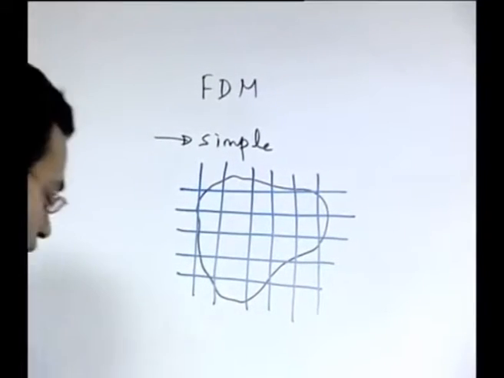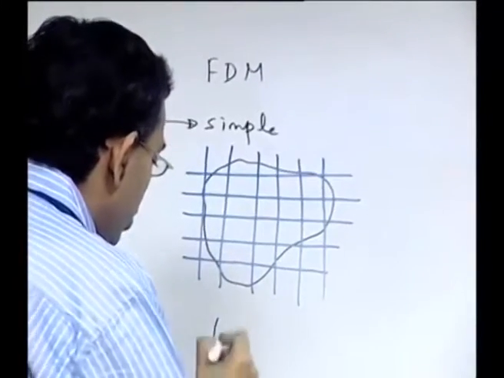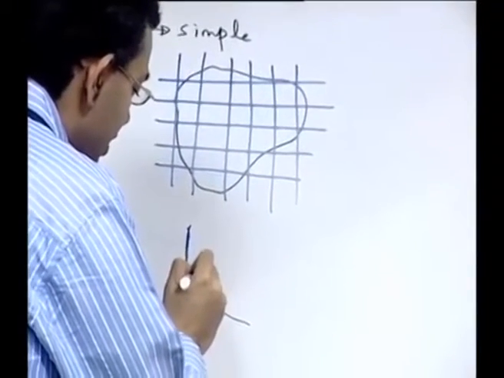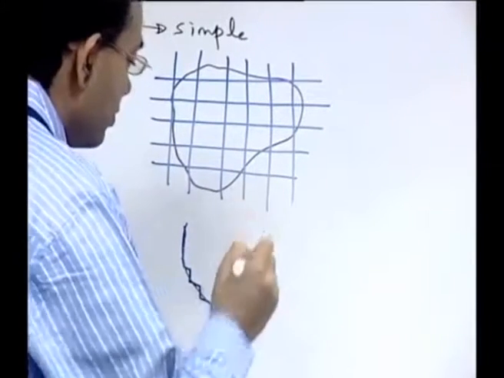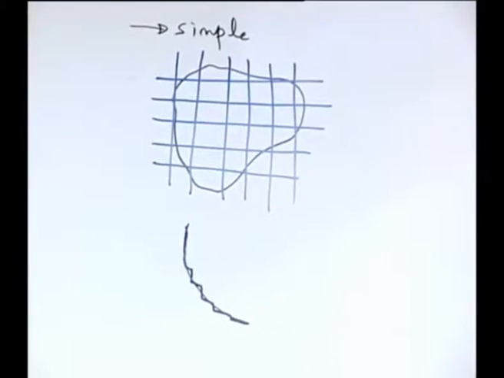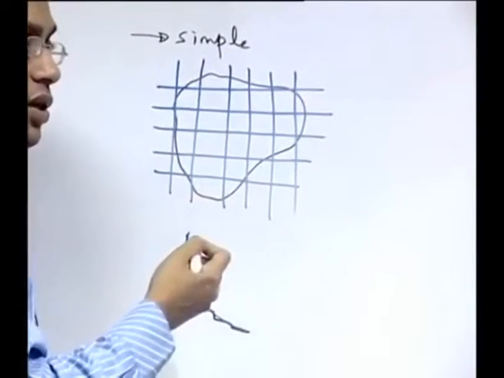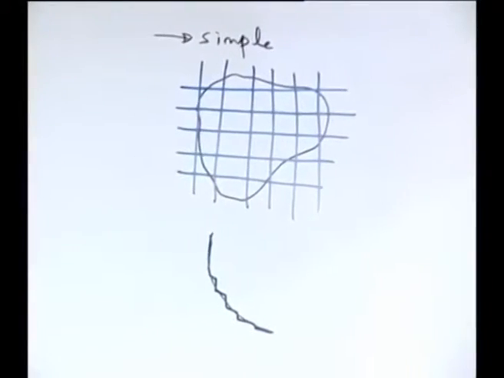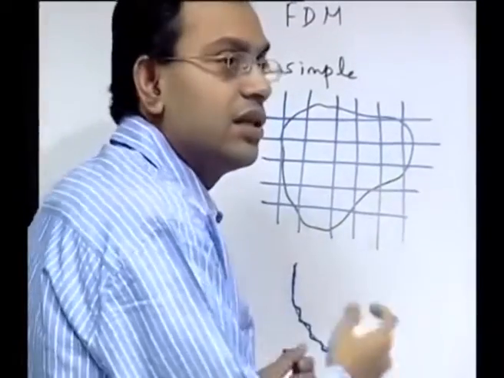So, to represent a curved boundary, one may have to basically consider steps. And it is therefore not very convenient to solve a problem with complex geometries using the finite difference method. Not that it is impossible, but one has to tediously create the geometry.